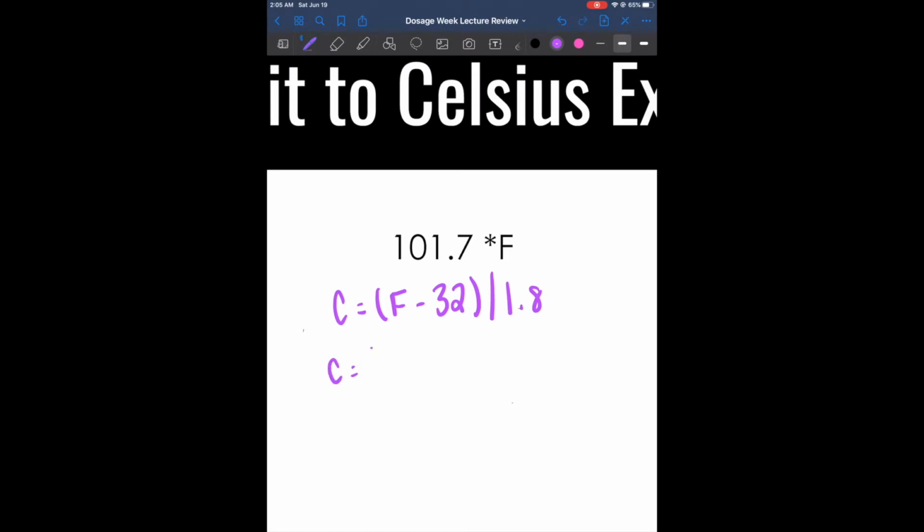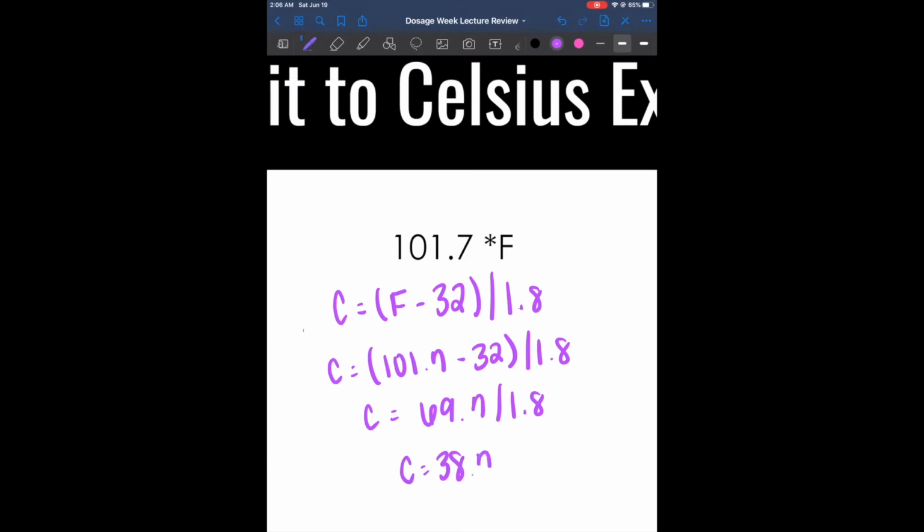So we have 101.7 minus 32 divided by 1.8, which gives us 69.7 divided by 1.8, which is going to give us 38.7 degrees Celsius.